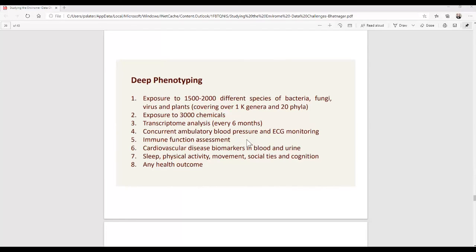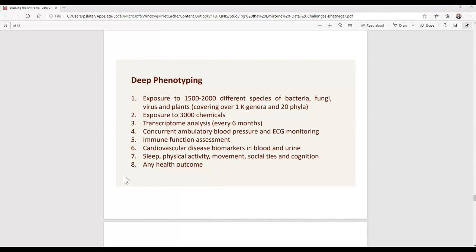We also want to look at the transcriptome analysis and how the gene expression is changing. And then we also look at concurrent changes in the outcomes, which is the biology of the individual relating to changes in blood pressure, heart rate, and ECG, and how that affects your immune function.